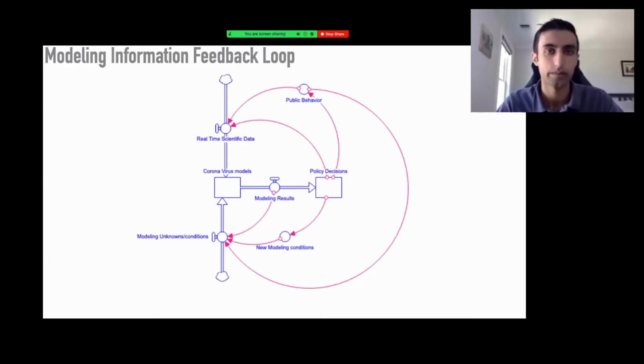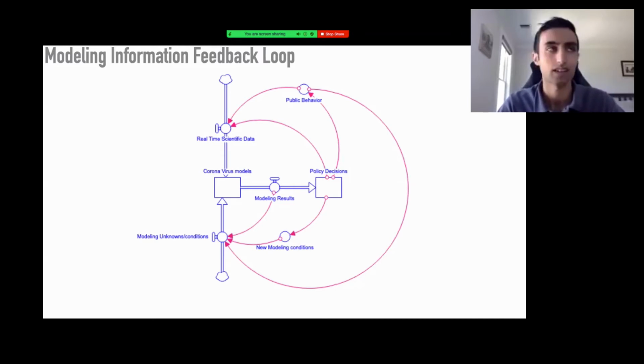Then it looks like, oh, they overshot before and now they're undershooting because the numbers look really low. Then policy decisions are made, quarantines are lifted, and people go back out with more leniency. Then models show that's going to result in more deaths.